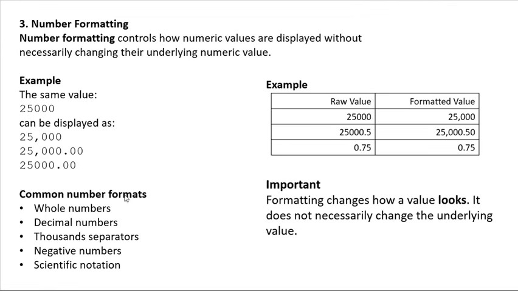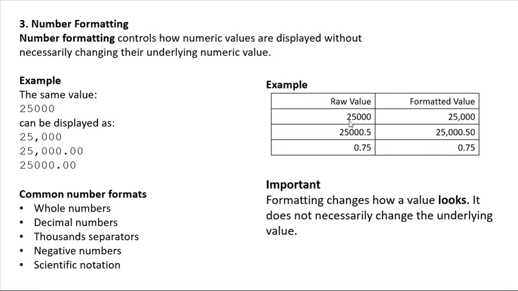The common number formats are whole numbers, decimal numbers, thousands separators, where the comma sign is used in this format, negative numbers, and scientific notation. The example shows the raw value and the formatted value.